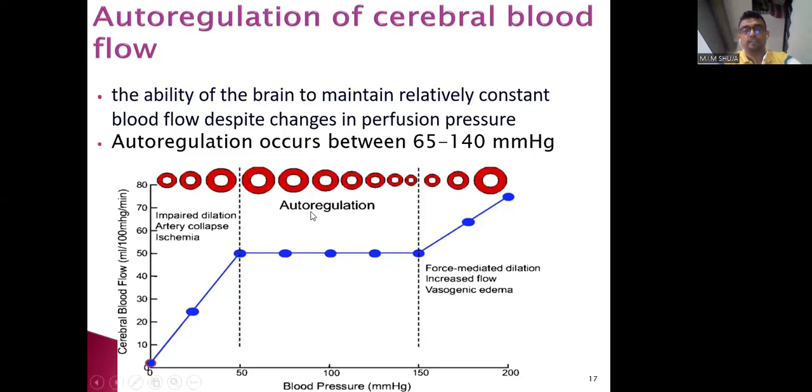Within this range, because of the autoregulation, even if the blood pressure is reduced or increased, the blood vessels adjust themselves to supply a constant blood flow to the brain. Know the concept and know the autoregulation range.